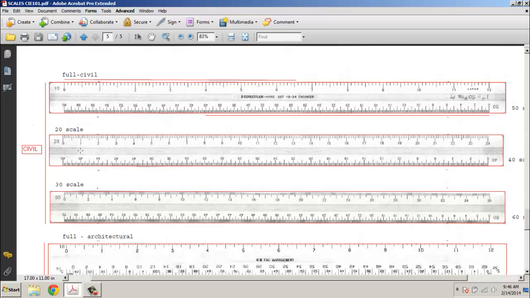On the 20 scale, you'll notice the relationship here: 0 to 1 equals a half inch, and 2 would be a full inch. So this could be used as a half scale if you're working in decimal format. A line from this point, let me just grab that. Okay, I'll move it up out of the way.